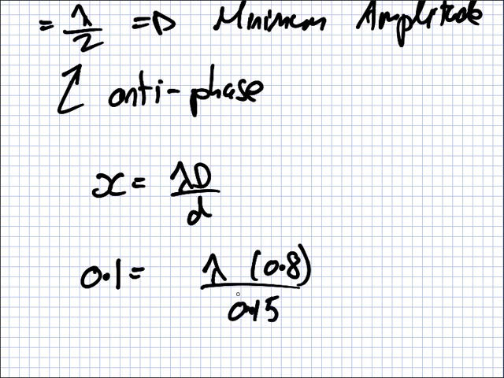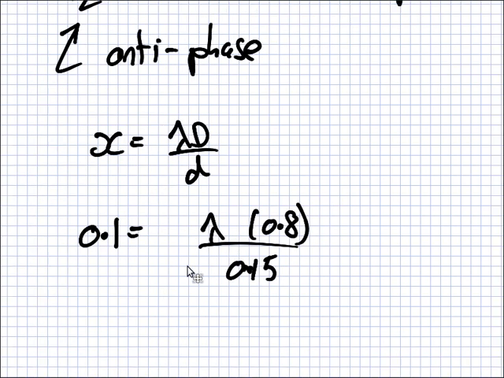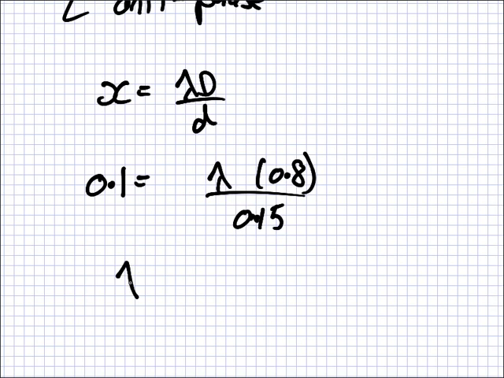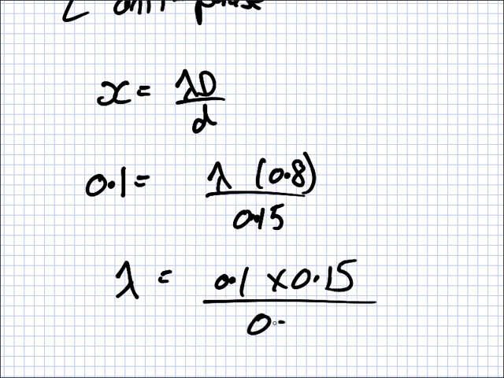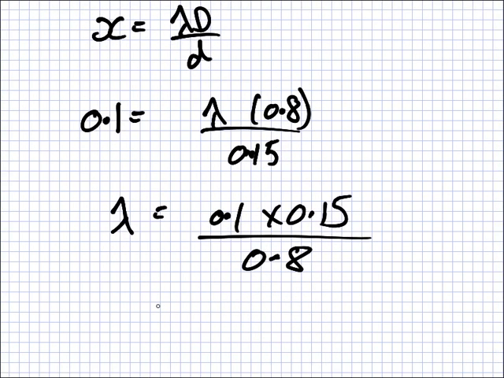The fringe width is 10 centimeters. And the line joining x and y is 80 centimeters. And they want the wavelength, isn't it? All right. So what do you get here? Zero. 0.0188.